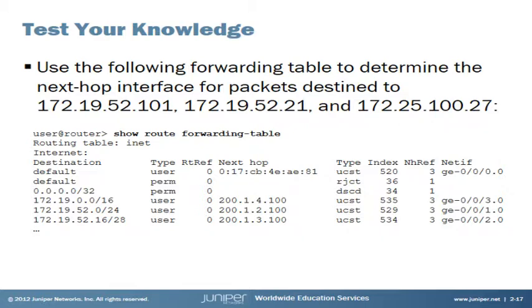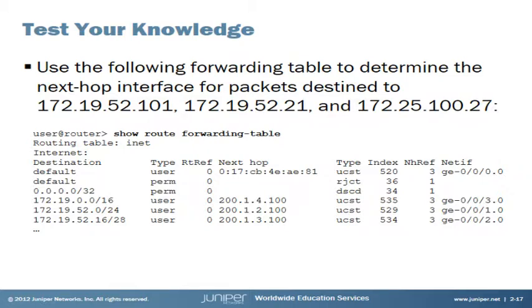What about 172.25.100.27? Where's that going? Anyone? Is it going to be dropped? Do we have that full row?